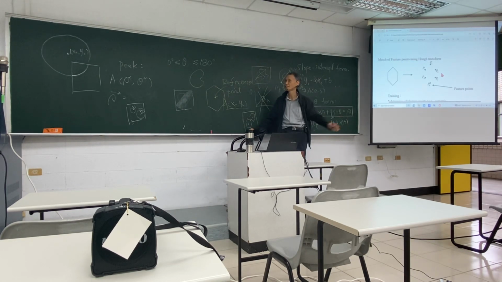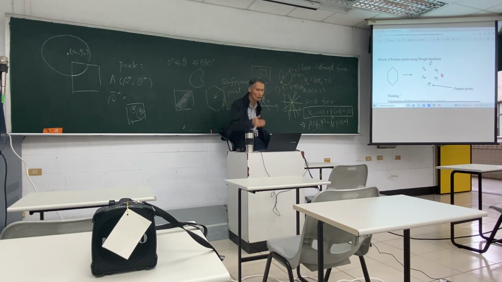After this course, for your research or for your work, if you have anything that can be expressed by parameters, or if there are no parameters, you can assign your own parameters, and then you can use the idea of the Hough transform for peak detection. That's the only idea.